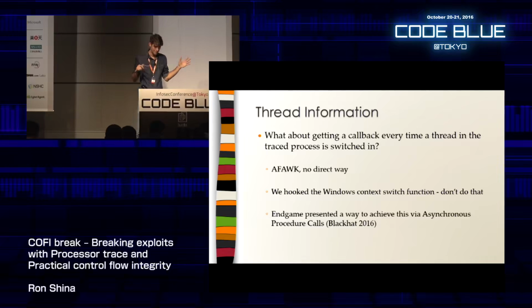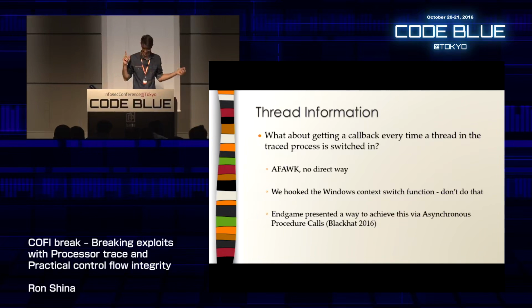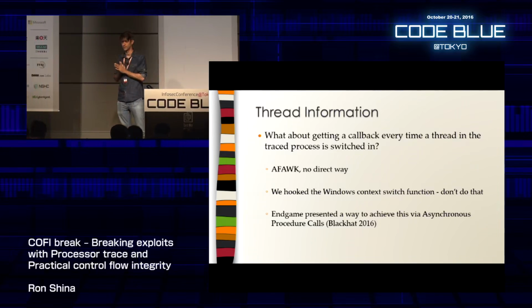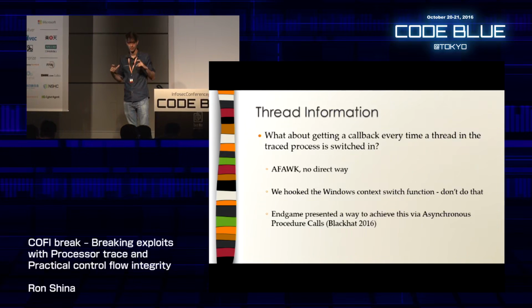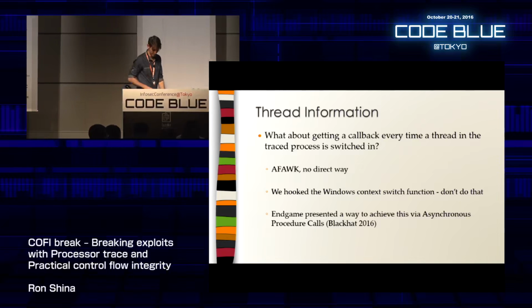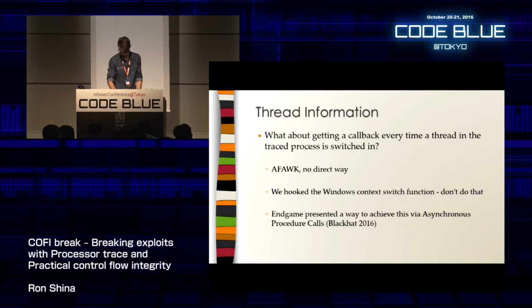So what we did, and some of you might have cringed already, was we hooked the Windows context switch function, which we wouldn't do for a product. In their Black Hat lecture, Endgame presented a way of doing this using asynchronous procedure calls. It's a kernel mechanism to get a callback when a thread gets switched in, and it's fairly straightforward to get what you really want from that. So that'd be a solution.